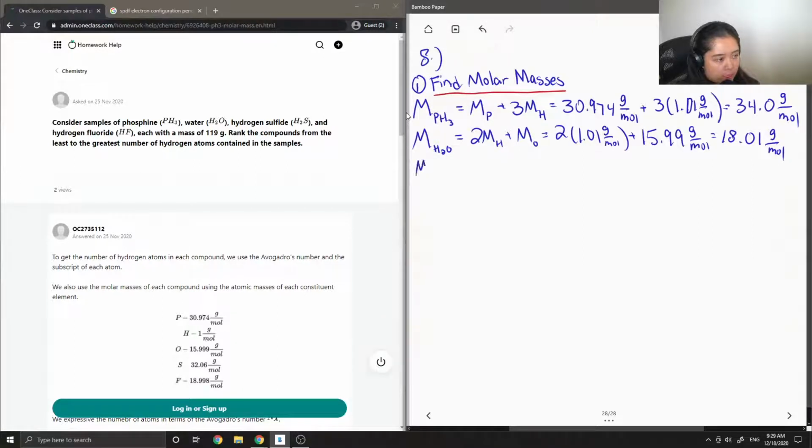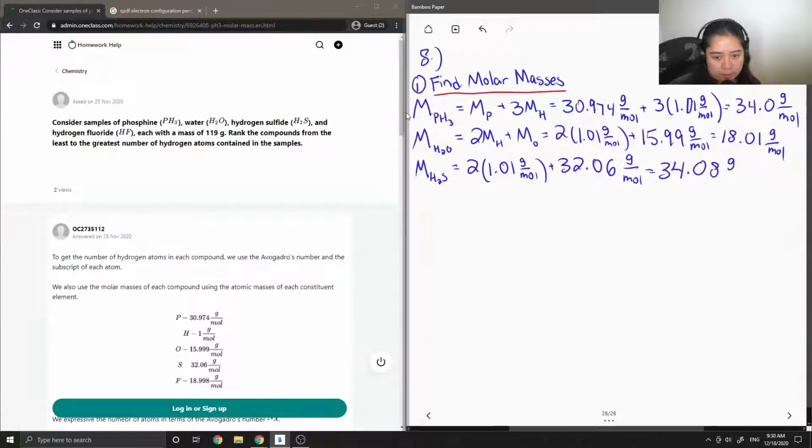So next we have hydrogen sulfide. Its molar mass is just 2 times the molar mass of hydrogen, which is 1.01, plus the molar mass of sulfur, which is 32.06. Okay, so this gives us a molar mass of 34.08 grams per mole.